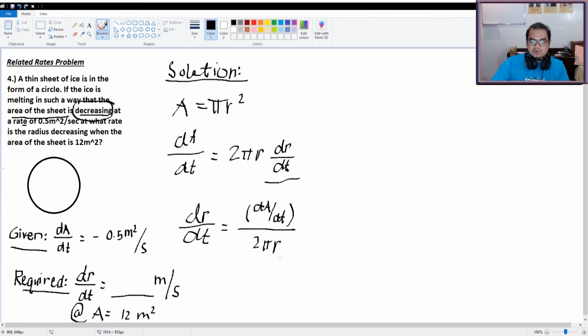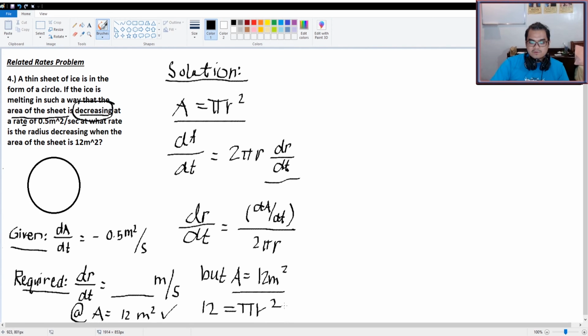The only problem is we don't have any value for r, but we know that the area must be equal to 12 square meter. So all we have to do is use this 12 here. You'll have your 12, that's the area, equal to pi r squared.